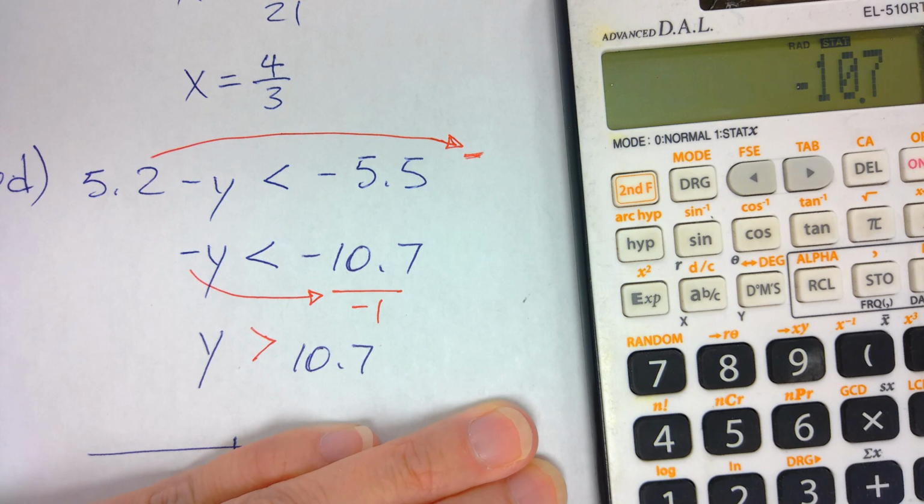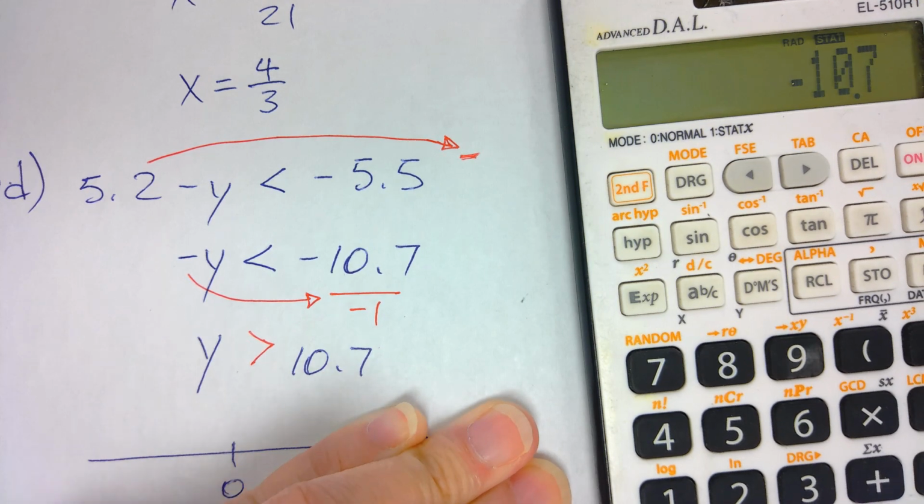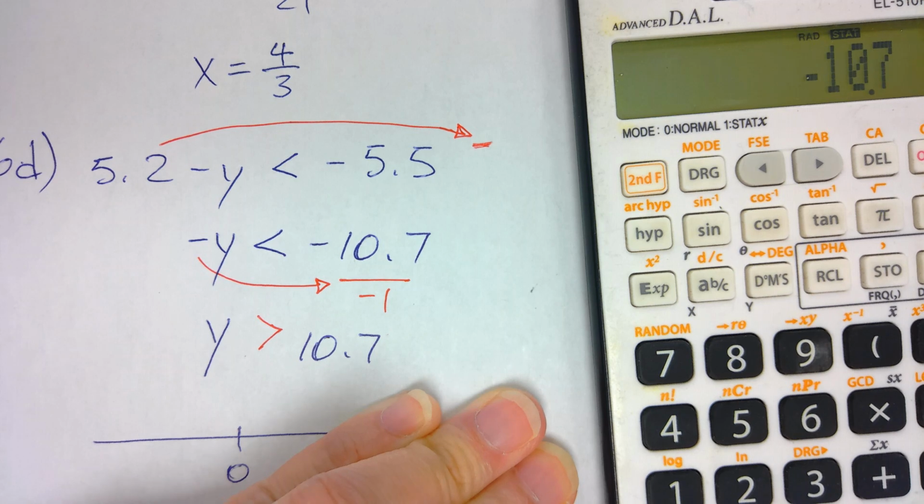So in terms of my number line, I have 10.7. Should my arrow be pointing to the left or right? Who says point the arrow to the left on the number line? This is like 0, you have 10.7. Who says to the left?